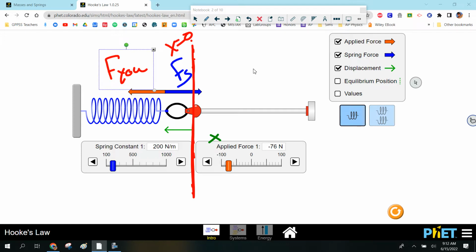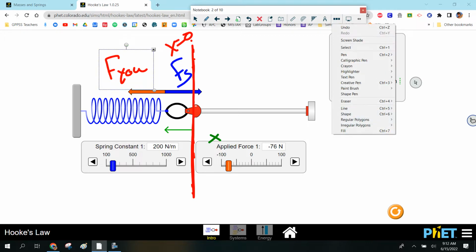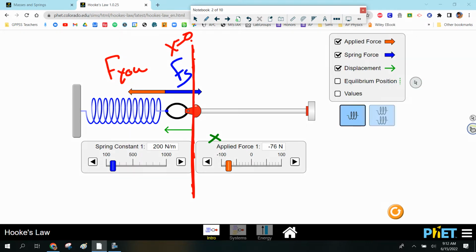This is probably as good a time as any to point out that at any given instant, the direction that the spring is pushing is opposite from the direction that the spring has been displaced, right? When you squish the spring to the right, the spring pushes to the left. Oh, sorry, I said that backwards. When you squish the spring to the left, the spring pushes to the right.